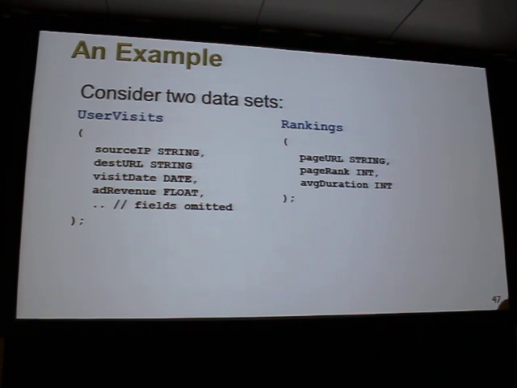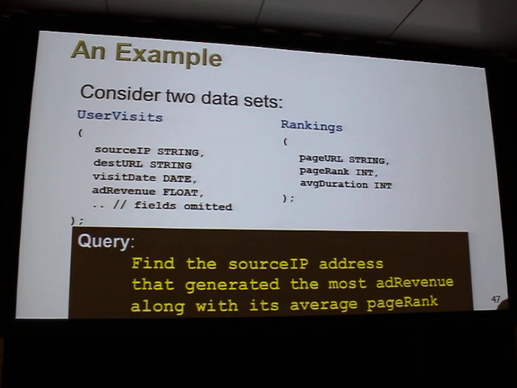Take this example. We have two data sets. We have a weblog that has visits, with a destination URL, and we have ranking information. This is standard business for Google and Bing and for advertisement agencies, to figure out how these two things relate.